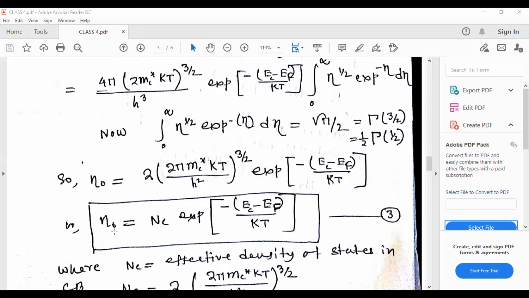This is nothing but N0 is equal to Nc, where Nc is the effective density of states of the conduction band, into exponential of minus (Ec minus Ef) upon kT.